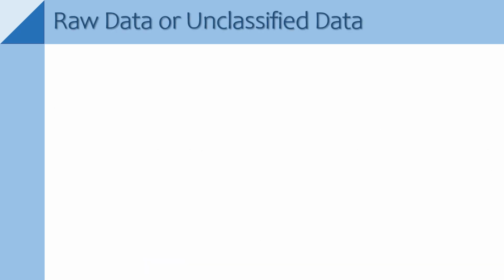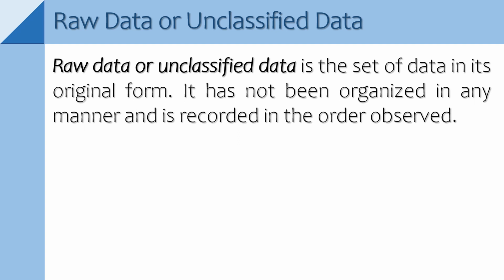The raw data or the unclassified data is a set of data in its original form. When we say raw data, that is unorganized data. It has not been organized in any manner and is recorded in order observed.